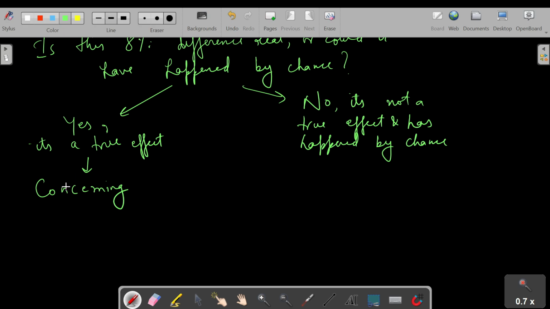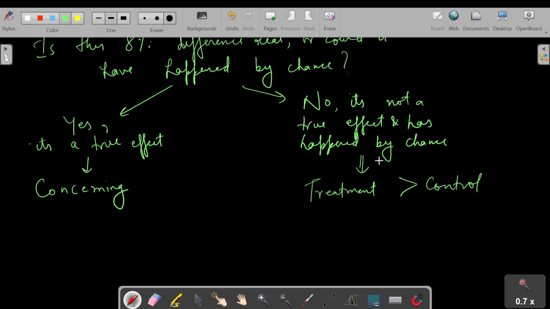The stents are not reducing the risk of heart attacks. But if it's not a true effect and it has happened by chance or randomness, then we can say our stents are performing well and our treatment group is performing better than the control group.